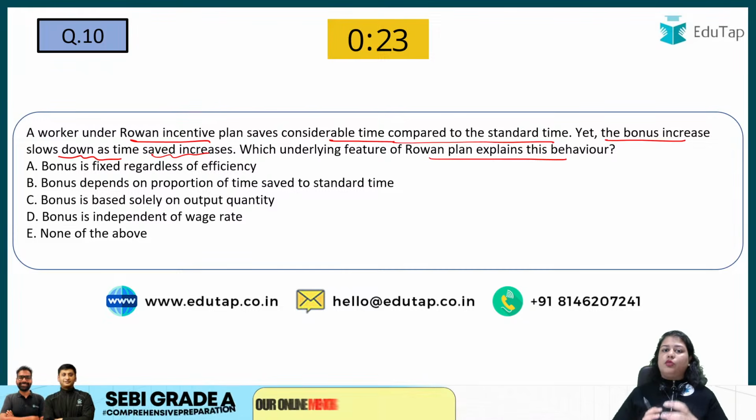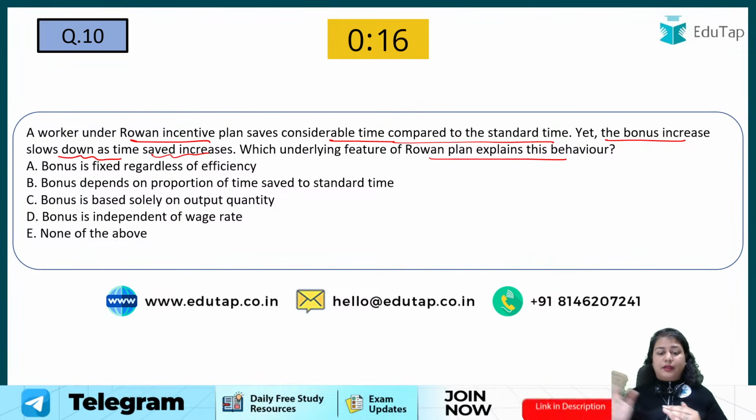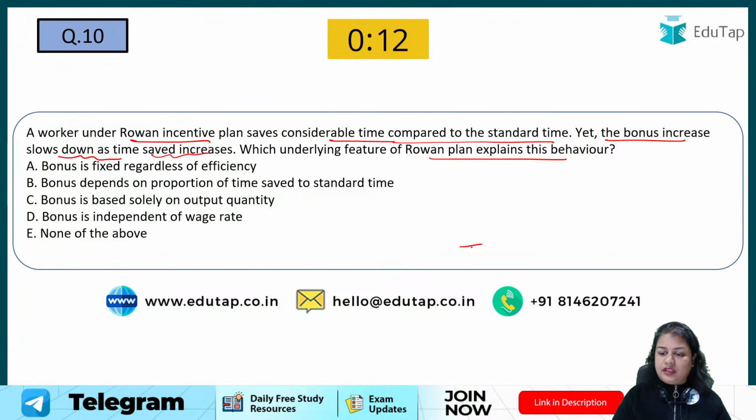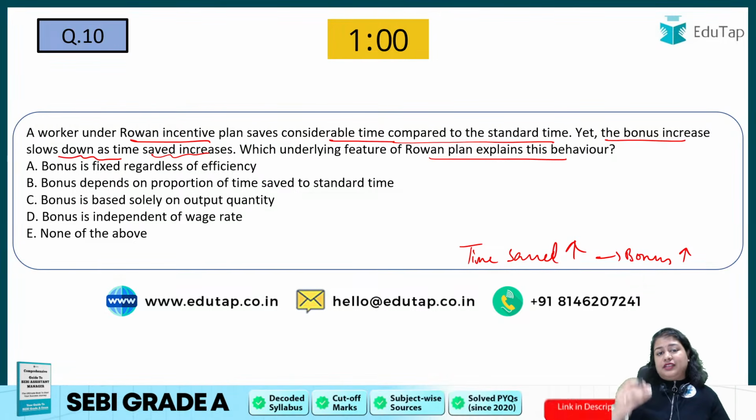So we'll be giving you bonus according to that, but it states that we will not give you extremely high bonuses. So basically when the time saved increases, your bonus will increase, of course, but it will not increase very rapidly. It will increase gradually, that means it will increase at a decreasing rate, right?